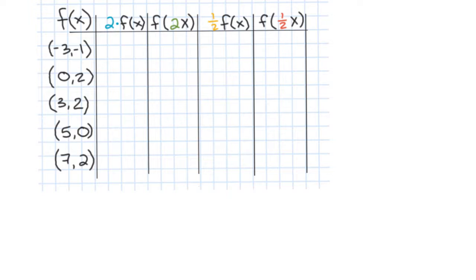So we're going to multiply each of these y-coordinates by the number 2. (-3, -1) will become (-3, -2). (0, 2) will become (0, 4). (3, 2) will become (3, 4). (5, 0) will stay (5, 0) because 0 times 2 is 0. And (7, 2) will become (7, 4). When you multiply the outside of a function by a number greater than 1, you get a vertical stretch.